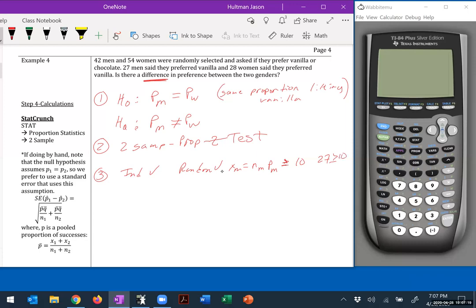The number of men who did not like vanilla is going to be 54 minus 27, the other half, right? So that's 27. So 27 is greater than or equal to 10, so that checks as well. This is n times n men times q men, which is just the number of men who did not like vanilla. They like chocolate. Looks like it's pretty much split 50-50.